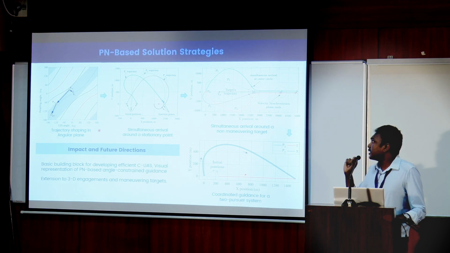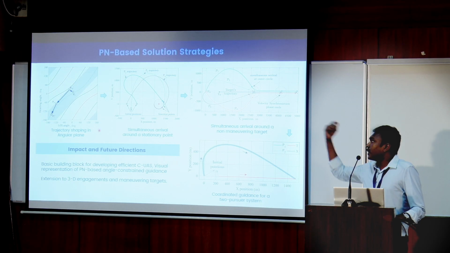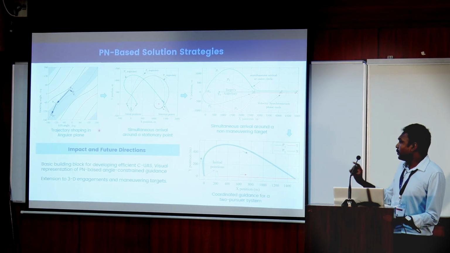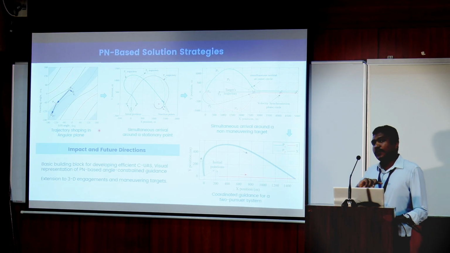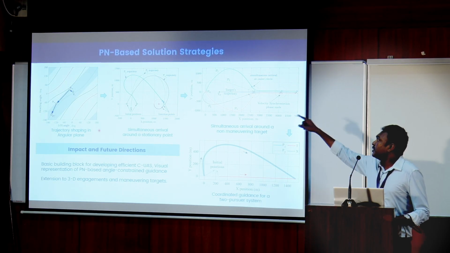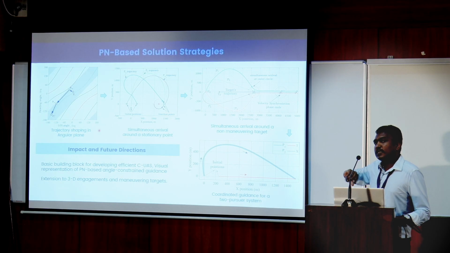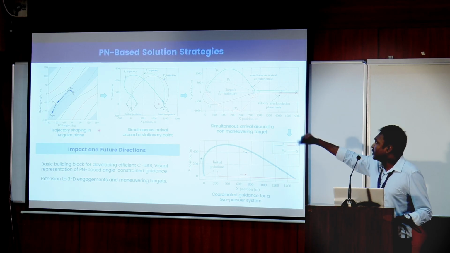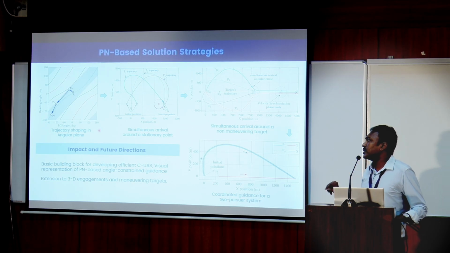So we adjusted the speeds, for which the analytical guarantees can be given from the understanding of the angular phase plane. Finally, a two-pursuer formation-controlled guidance strategy was proposed. The two pursuers can follow the individual trajectories that were given by the earlier developed guidance strategies.